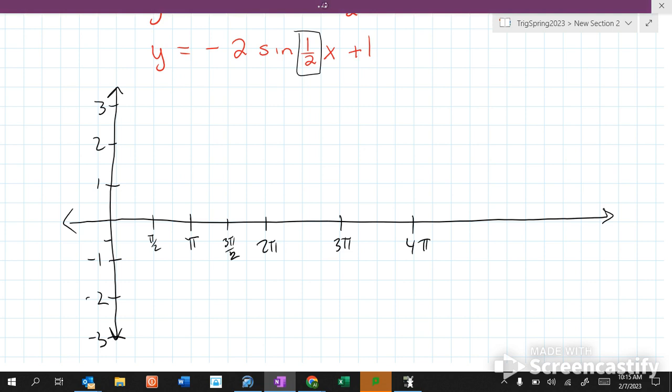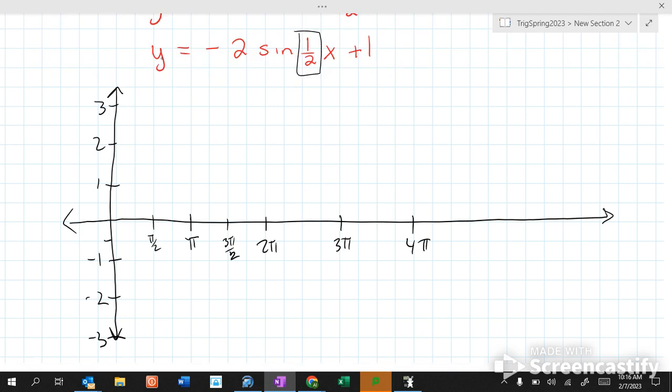All right. So I'm going to graph y equals sine of x. Where is y equals sine of x? We start at 0, 0, pi over 2, 1, pi 0, 3 pi over 2, negative 1, 2 pi 0.